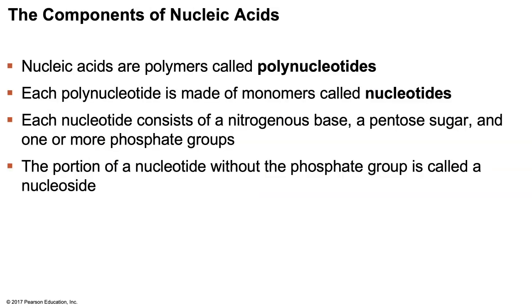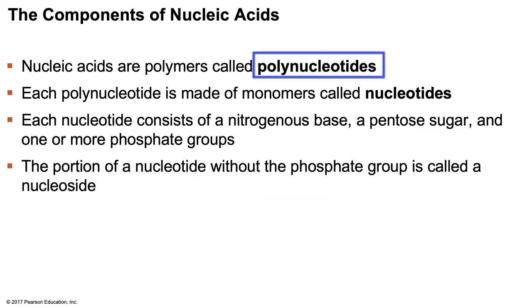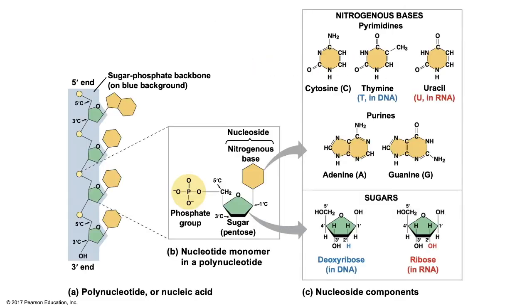Let's break this down to the basics and take a look at the components of nucleic acids. To reiterate, there are two types of nucleic acids, DNA and RNA. Nucleic acid polymers are called polynucleotides. Image A shows a generic polynucleotide strand.